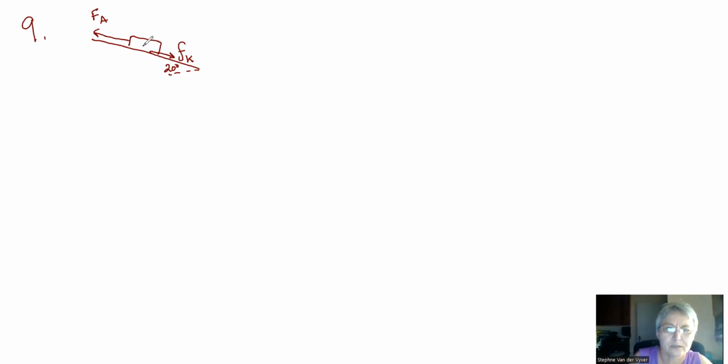There is a gravitational force acting on the crate, and there is a normal force that will be smaller than the gravitational force because it is equal to the component of the gravitational force. Sorry.